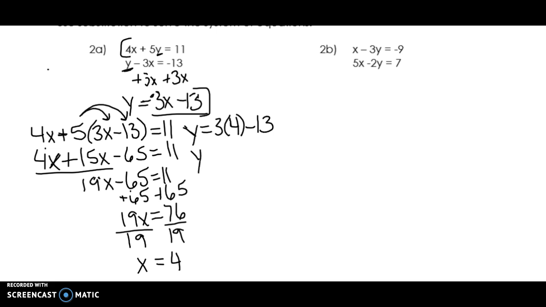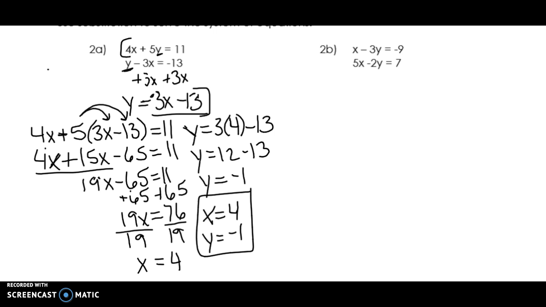And I have y equals 3 times 4 gives me 12 minus 13. If I solve out 12 minus 13, you should get -1. So my answer then is x equals 4 and y equals -1. There's my answer to that one. We are going to do this one in class, so hang tight. We'll go ahead and skip to the back.